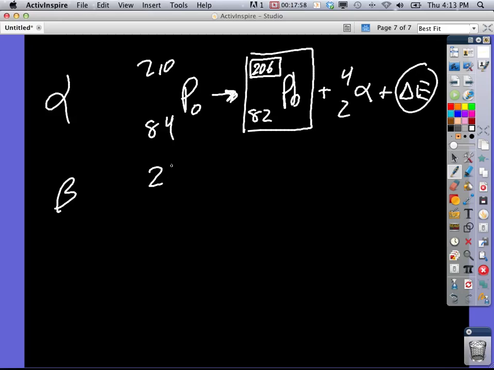Then we have a beta decay. Here's a beta decay. I think this is thallium. Titanium is Ti. I think it's thallium, but whatever.